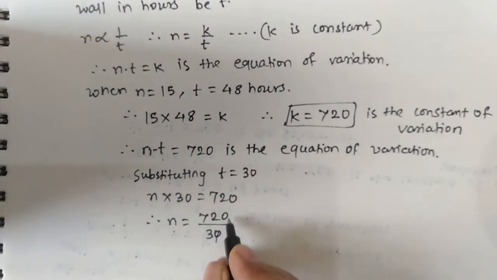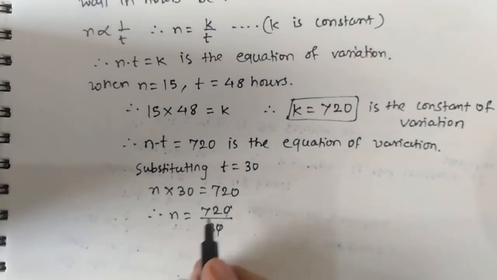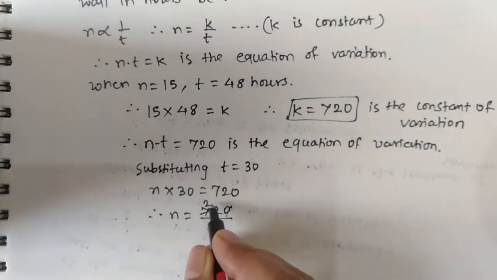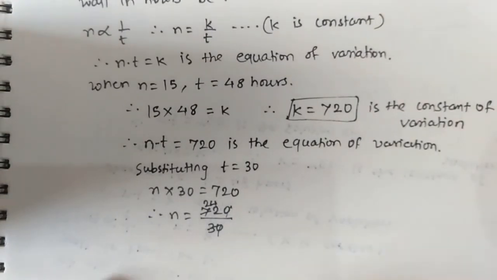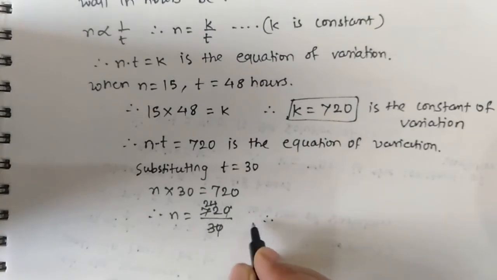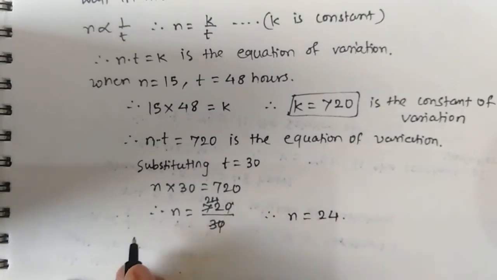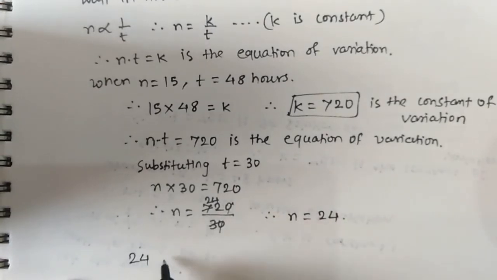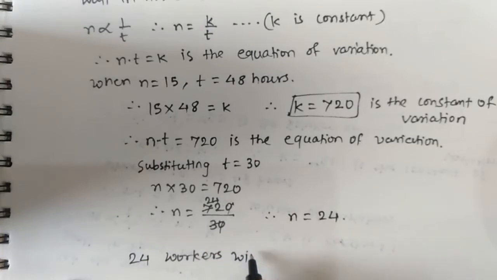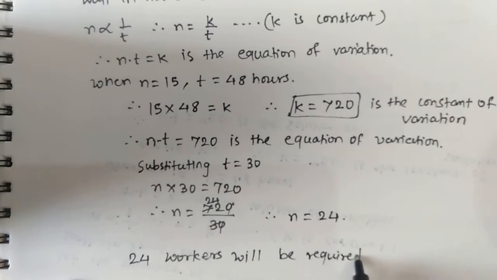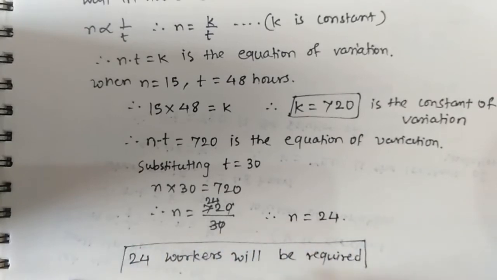So 0 0 cancel. 3 2s are 6, 3 4s are 12. Therefore n is equal to 24. So write down the answer: 24 workers will be required, and this is the final answer. Very simple.